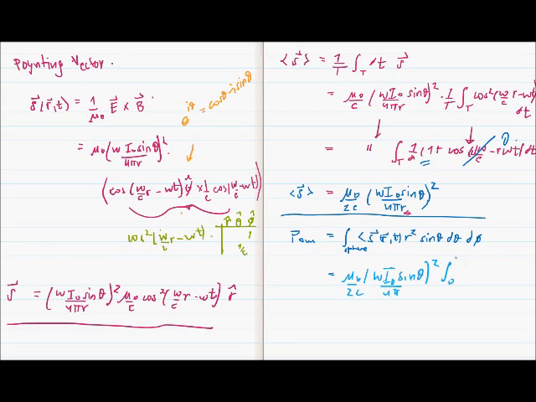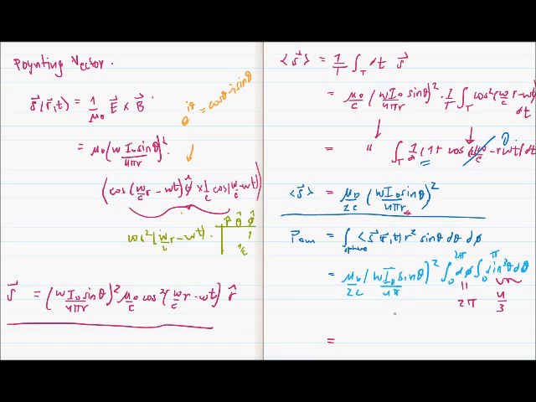And we're integrating this solid angle. So this just ends up being 2 pi. And this is 4 over 3.